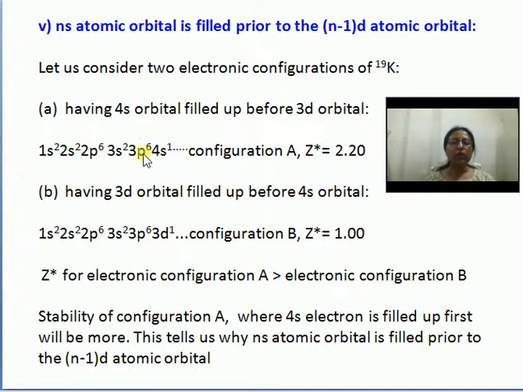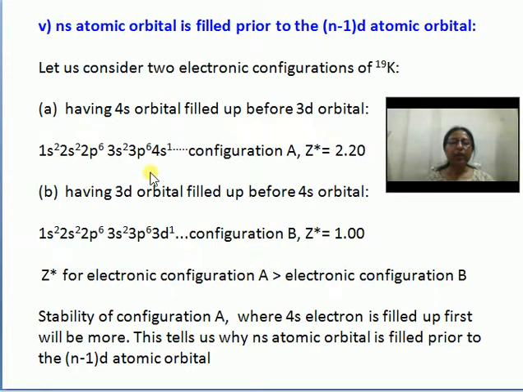You can do it on your own. Just calculate the Z star value for this configuration and also for the other configuration. I have ended up with a Z star of 2.20 for configuration A and Z star equal to 1 for configuration B. What is the meaning of that? As the Z star is more, the stability of the electronic configuration will obviously be more.